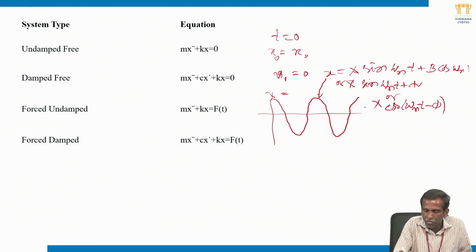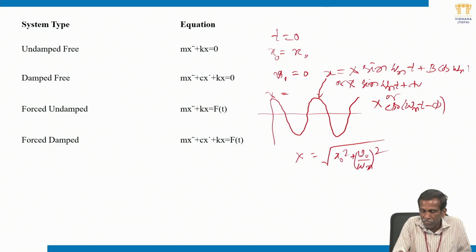And X is the maximum amplitude, which for all these is the square root of x naught square plus (v naught by ωn) whole square. This is the maximum amplitude if you have initial values. Suppose initially you disturbed with x naught and there is no initial velocity, then X becomes x naught.